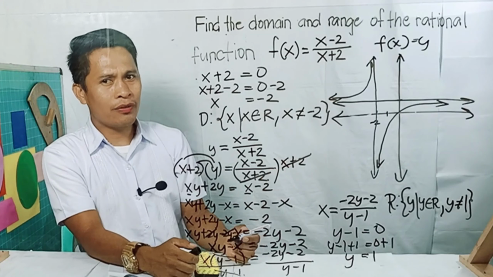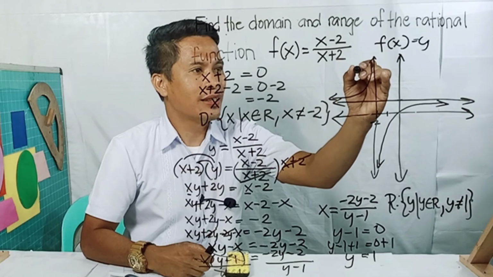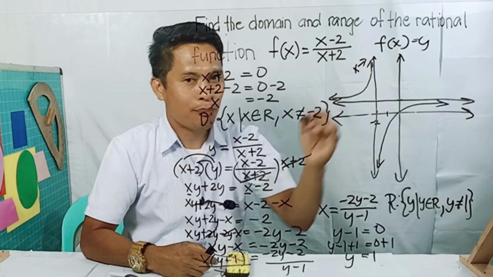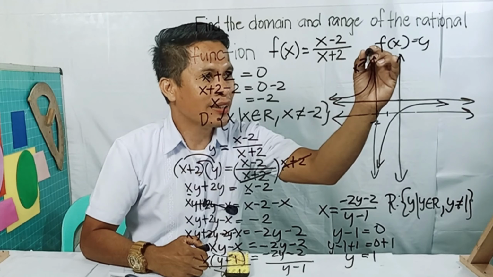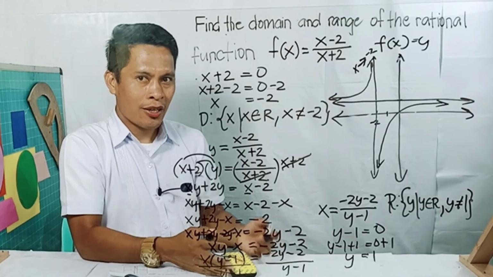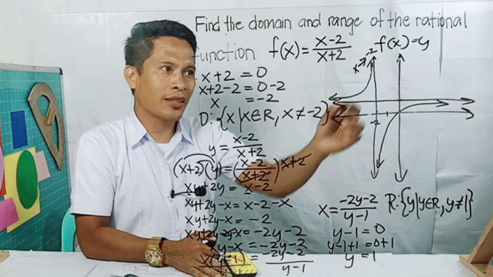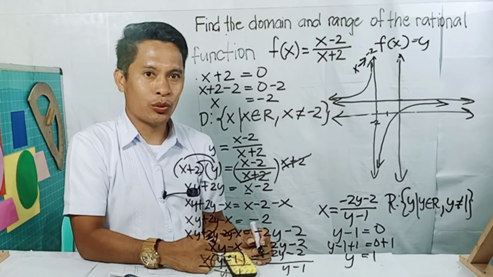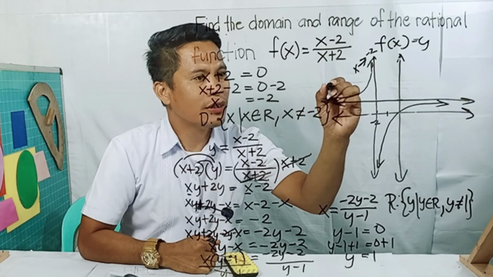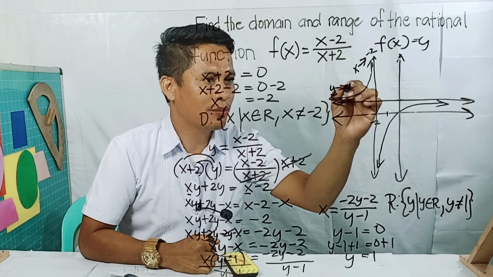Take a look at the behavior of our graph. The value of x in this part of the graph is approaching negative 2. Take note of the word approaching, because this graph will not intersect our vertical asymptote. And in this part of the graph, the value of y is approaching positive 1.